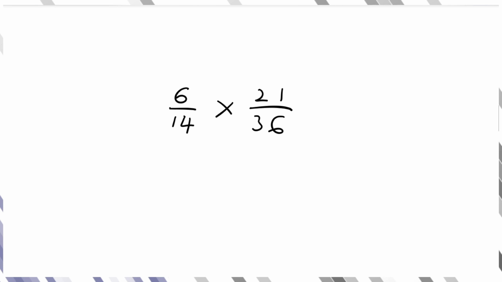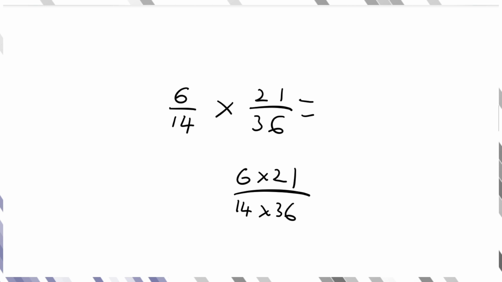Alright, so we want to find 6/14 of 21/36. Now before we start, we could simplify everything that we can simplify in the two fractions individually, but we can just lump it all together straight away and put 6 times 21 over 14 times 36.